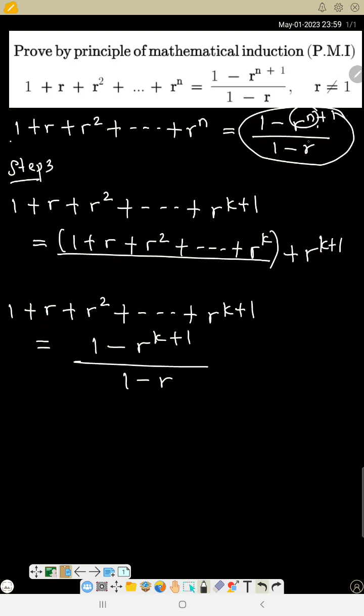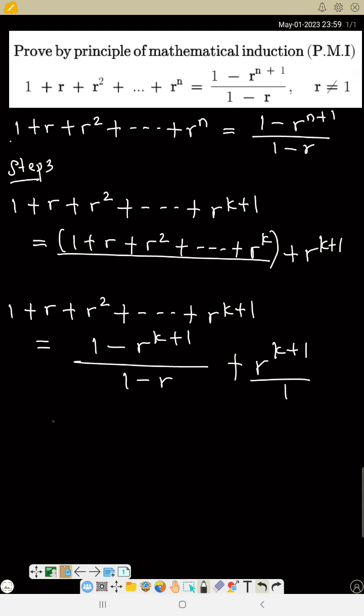So n will just turn to k, because what I have here is in terms of k. So plus r raised to power k plus 1. So like that. So what are we going to do here? We can find the LCM. Remember, this is over 1. So find the LCM there.